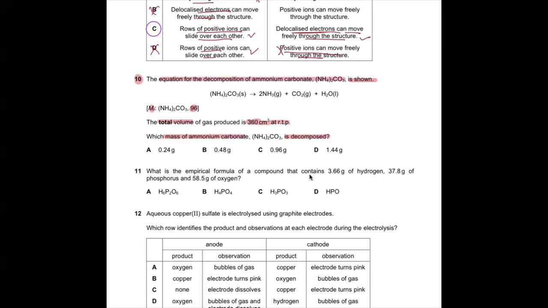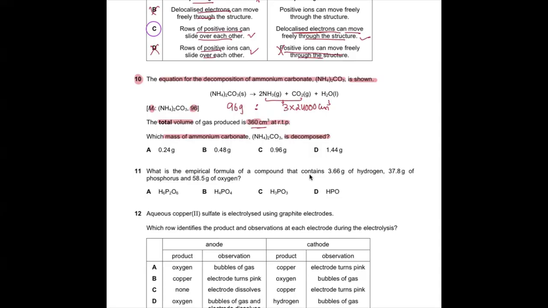Okay. So we can do it in two ways. See, that is the mass of ammonium carbonate and how many moles of gases are produced. There are 3 moles of gases produced. So if I make the ratio, 3 moles of gases, taking the volume, we can say over here that 3 times 24,000 cm³ of gas is produced when 96 grams of ammonium carbonate has been heated.